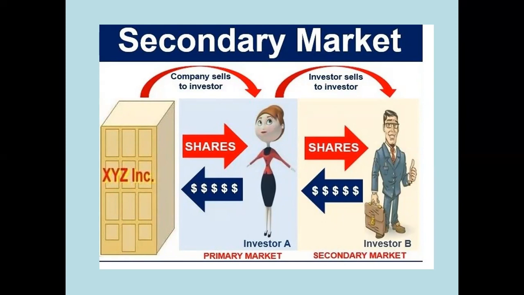And when she sells the shares to a second person, investor B, it is the secondary market. That means in the secondary market, investor A is selling shares to investor B. Clear? So first, the company sells to investor A as a shareholder, and then investor A sells to investor B. That is called the secondary market.